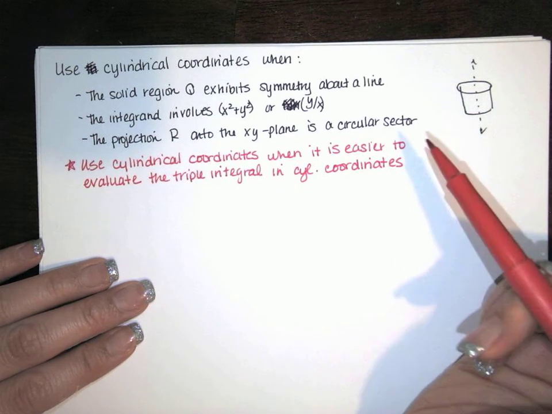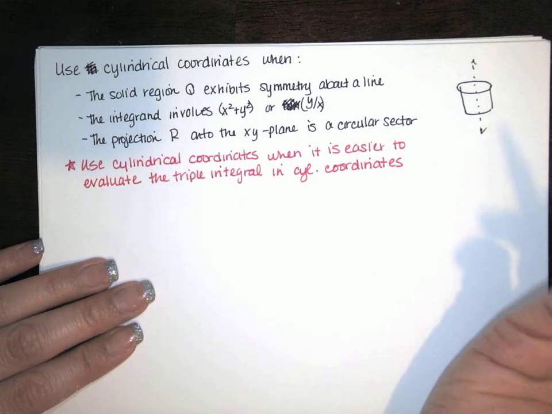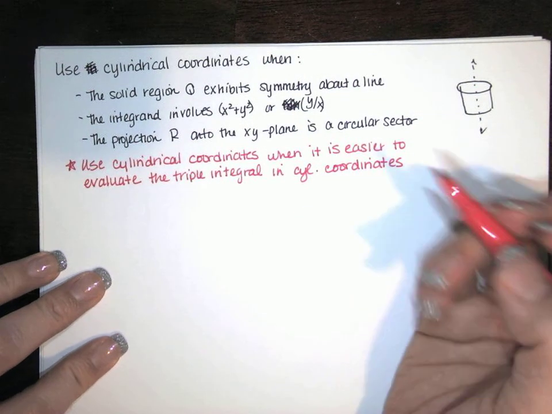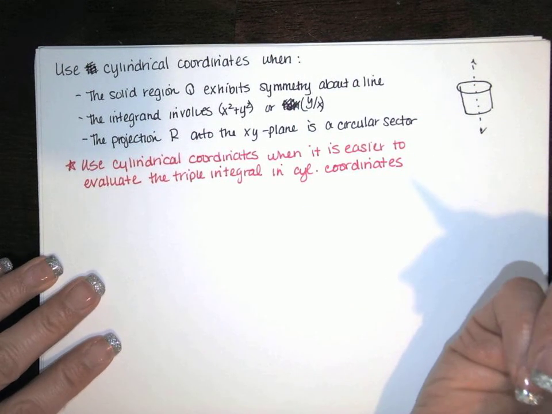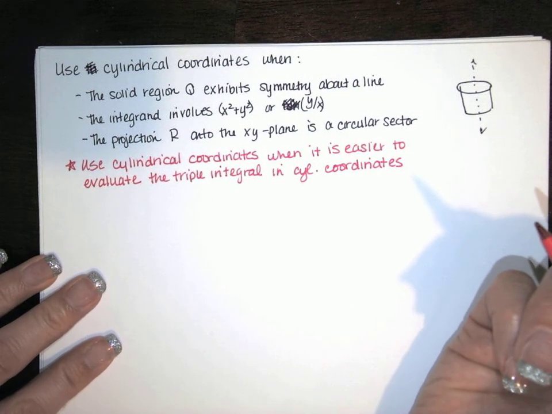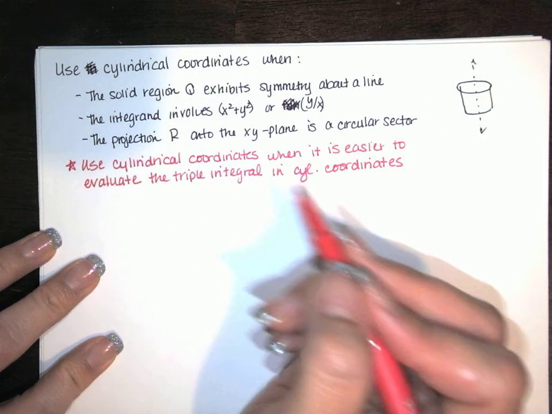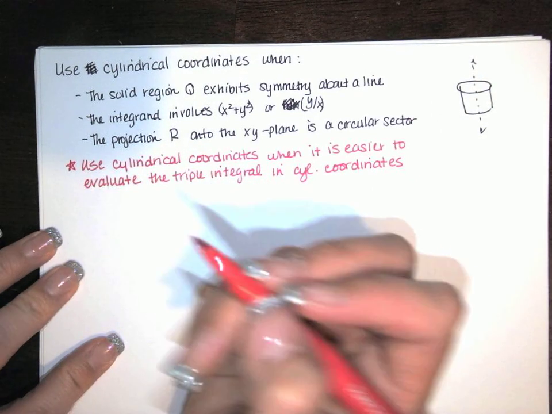So we want to use cylindrical coordinates when it'll be easier, and when will it be easier? It'll be easier if using cylindrical coordinates simplifies the integrand. So we use cylindrical coordinates to do one of two things.